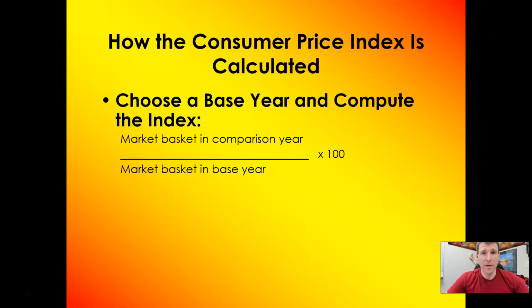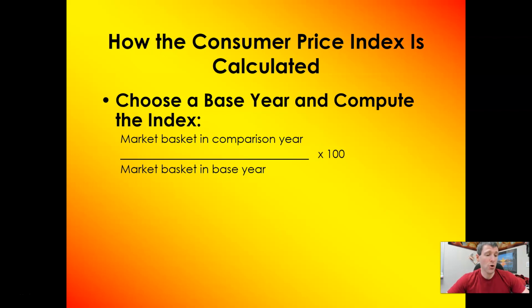If you want to, you can get yourself a calculator and verify this yourself. So you got 1,100 divided by the market basket in the base year, which was 1,000. So 1,100 divided by 1,000 will give you 1.1. All right, so you have 1.1 times 100, which gives you 110.